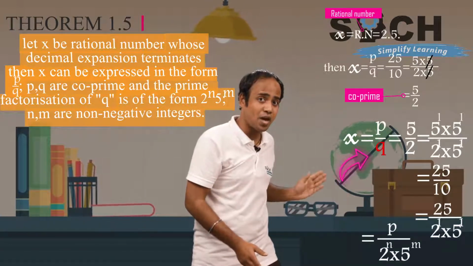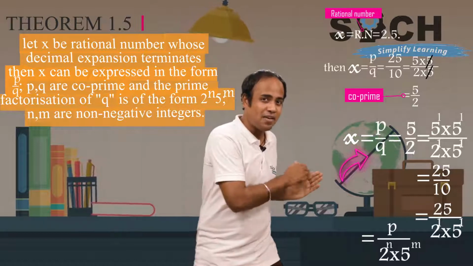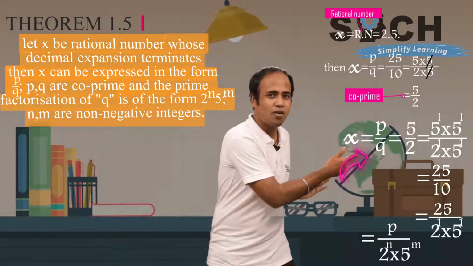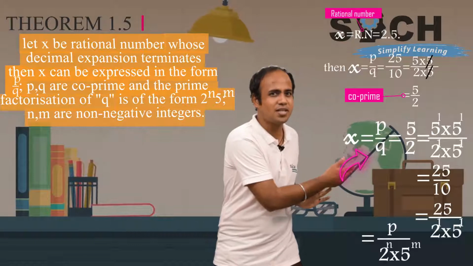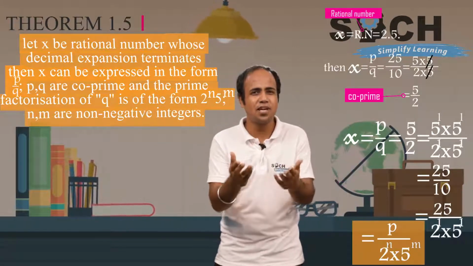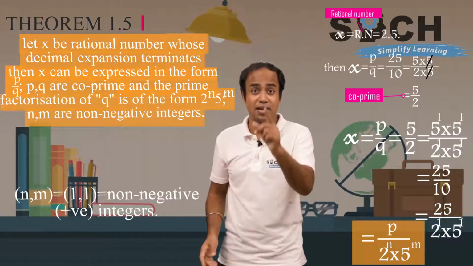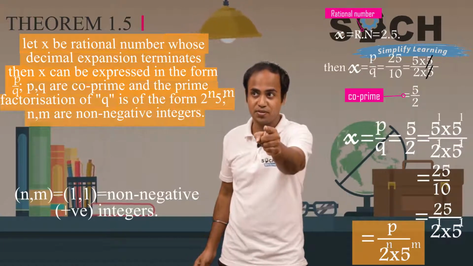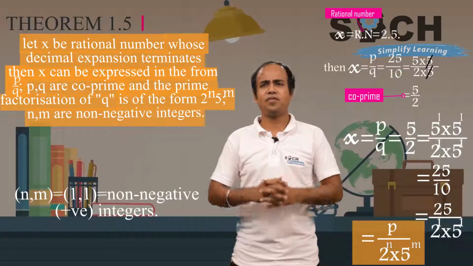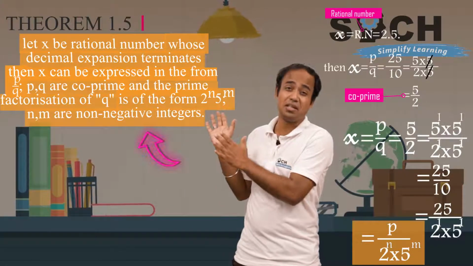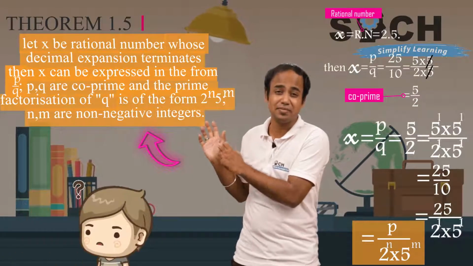So here this q has a prime factorization in the form 2 raised to n, 5 raised to m, where n, m are non-negative integers, meaning positive integers. So my dear friends, the theorem is so big, tiresome while reading, right?